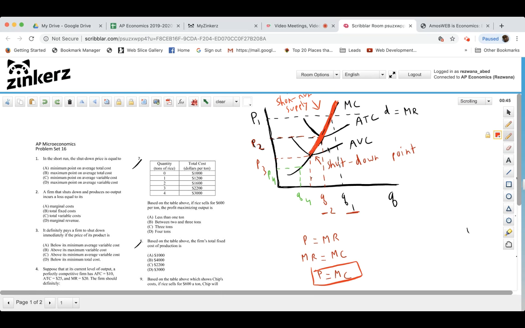That's why your marginal cost curve is the supply curve. So that portion of the marginal cost curve which is above the shutdown point is your short run supply curve. And this is only true in perfect competition, because price is only going to be equal to marginal revenue in perfect competition. We'll see that this is never going to be the case with other types of markets.